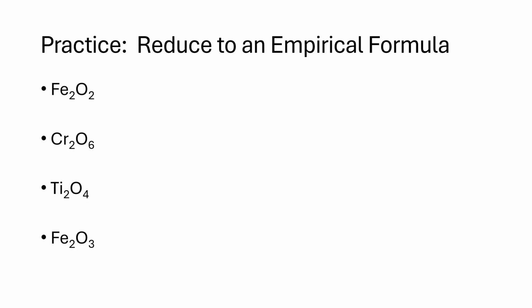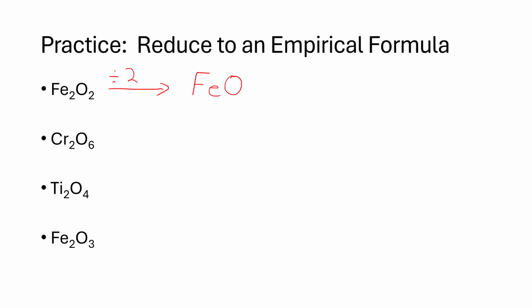So you need to be able to recognize, oh wait, this can be reduced, and then go ahead and reduce it to the empirical formula. For instance, the very first one, Fe2O2. Both of those subscripts can be divided by 2, so we want to go ahead and divide those subscripts by 2. That's going to give us FeO.